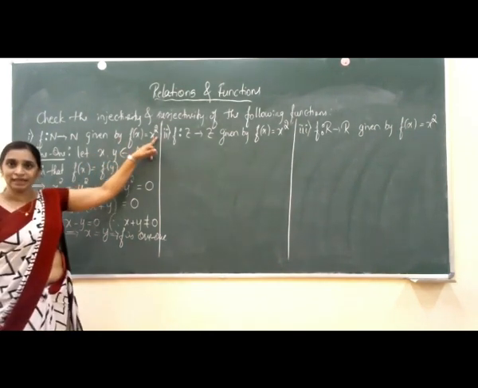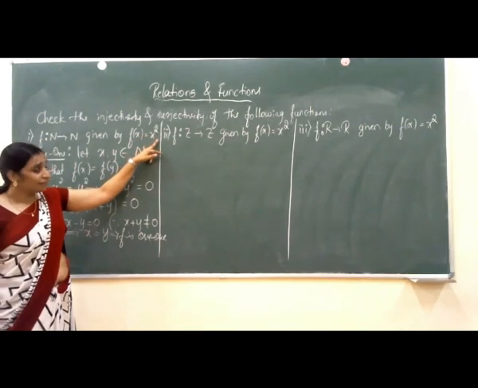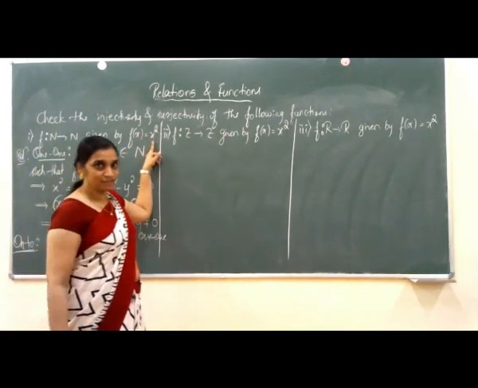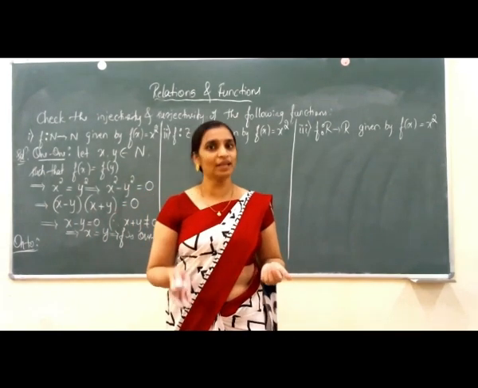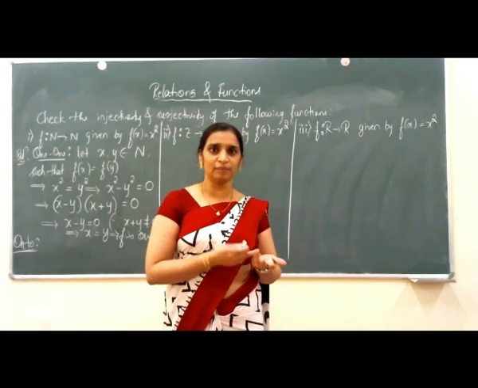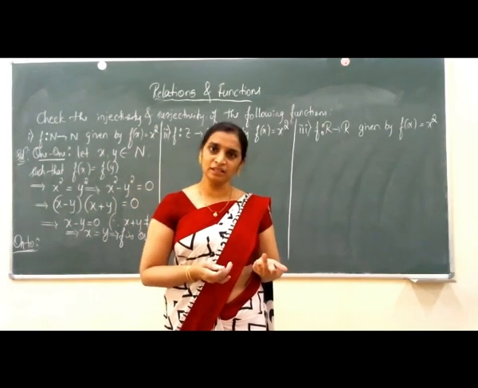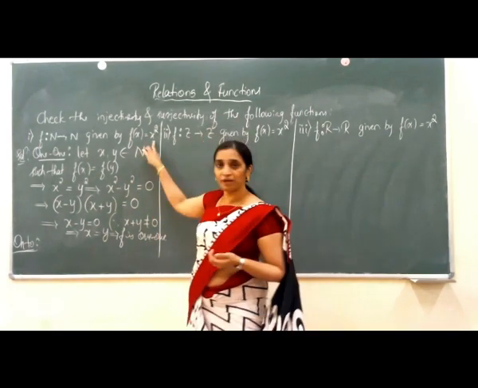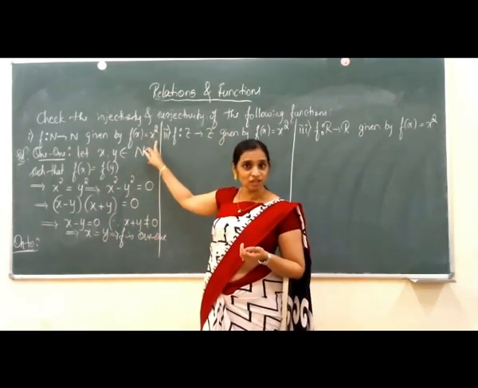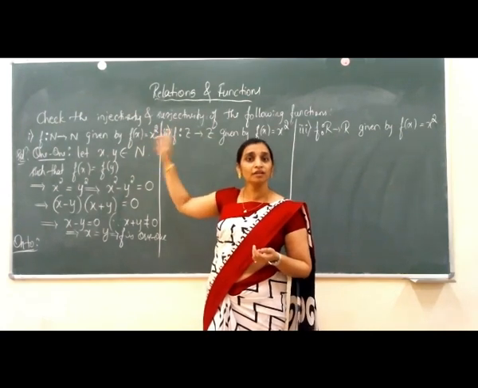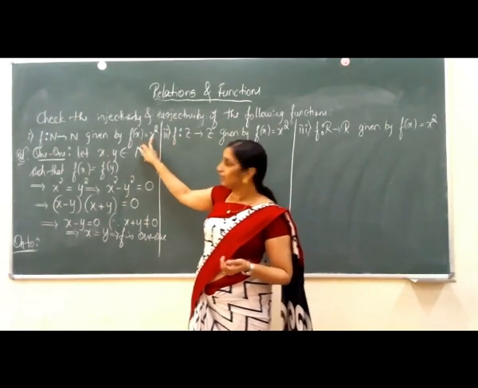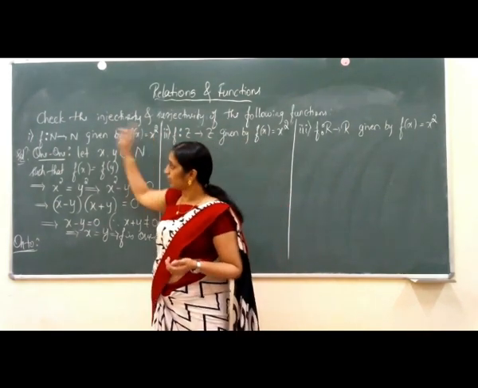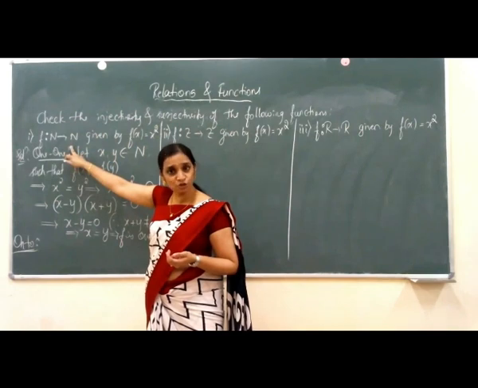But when we consider the onto condition, what happens? f of x is x square. But we have already studied the square of a real number or of any natural number. Any number you may take, real number, integer, or even only a natural number, its image is always a non-negative number. And here f of x is equal to x square, and the function is defined on the set of natural numbers.